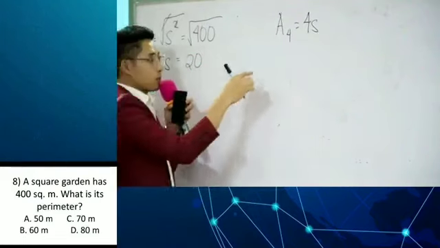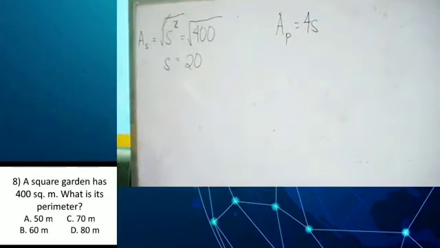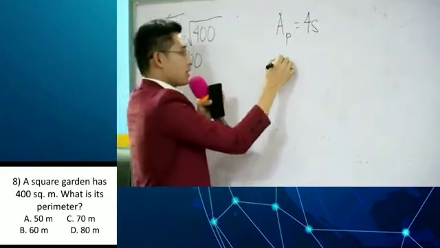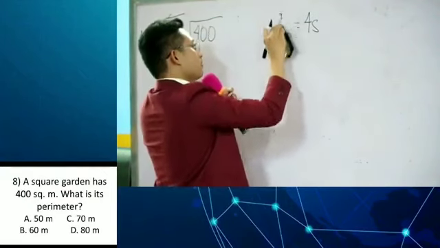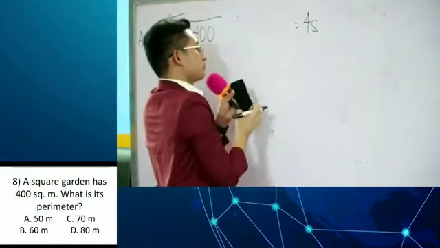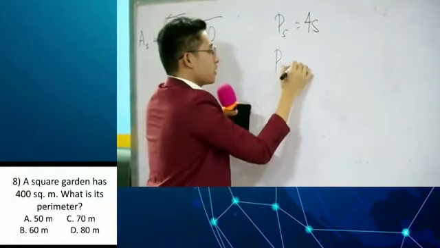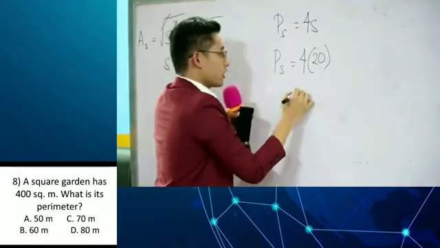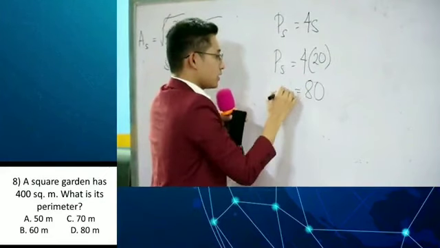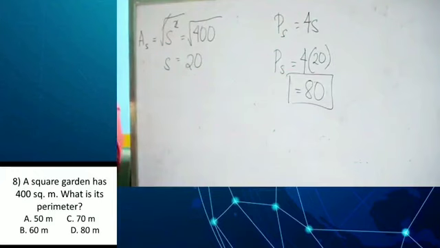So to get the perimeter, substitute natin. Perimeter of the square, that is 4 times S, which is 20. So 4 times 20 is 80. So that is the perimeter of the square. Okay? So next, can you follow?